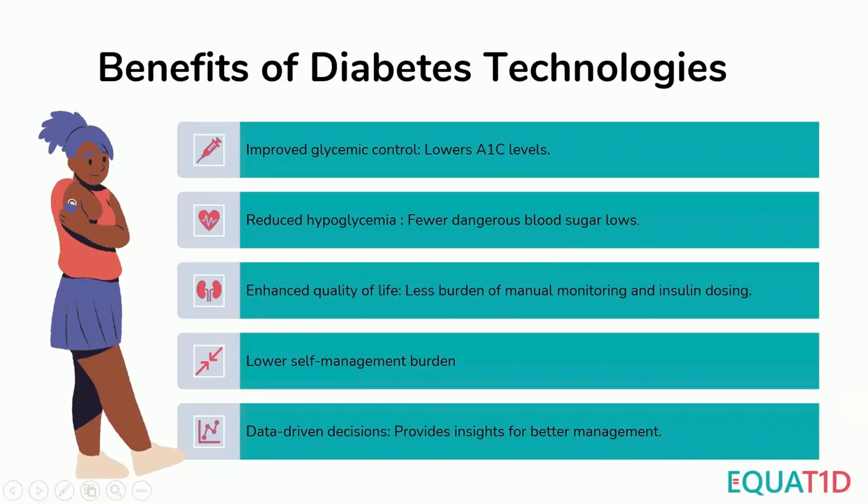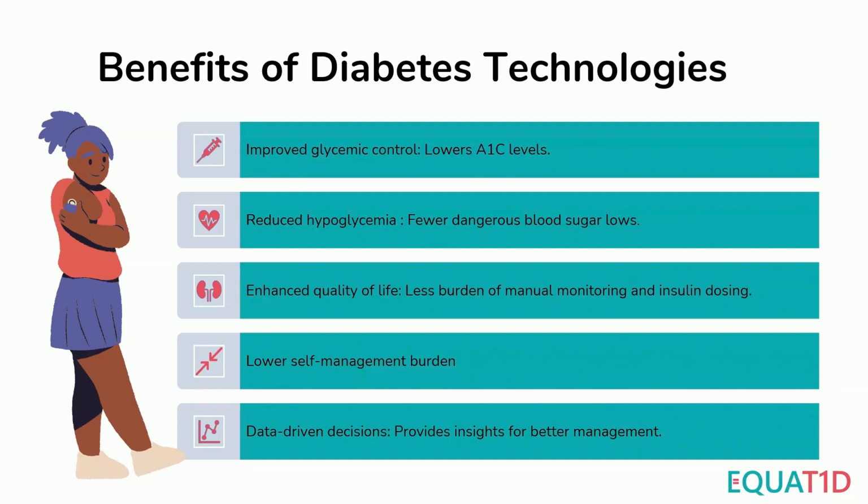So what are the benefits of these technologies, the insulin pump, CGM, or the integrated system? There's a number of benefits that have been demonstrated repeatedly in studies. So first of all, they help lower hemoglobin A1C levels, which is our measure of long-term average blood sugar levels. They help reduce hypoglycemia or dangerous blood sugar levels. There have been a number of studies that have shown improved quality of life.